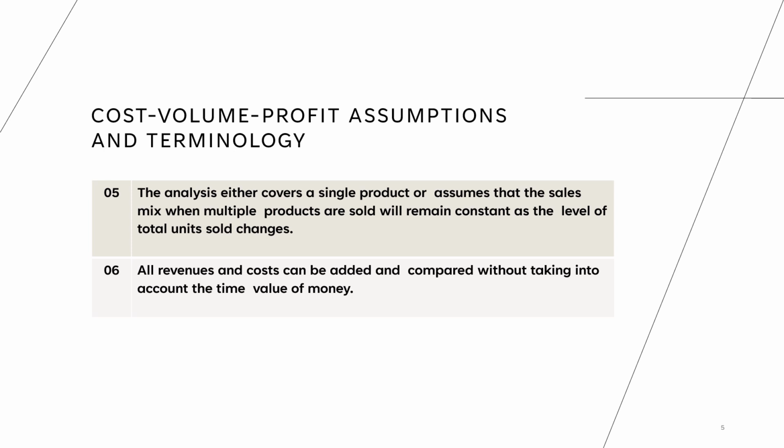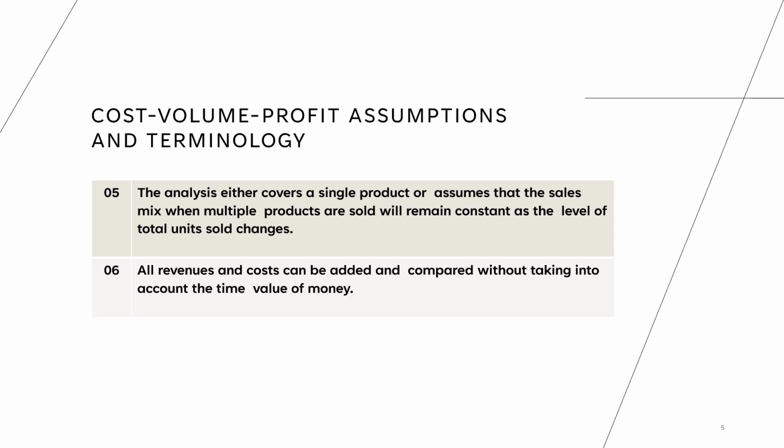These assumptions may or may not hold true in the real world, as sales mix can fluctuate due to various factors such as customer preferences, market demand, pricing strategy, and promotional activity as well.